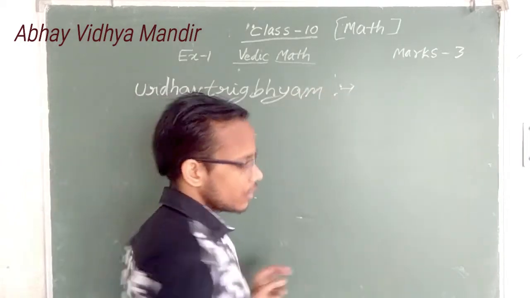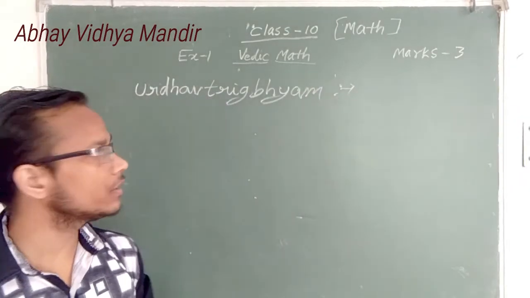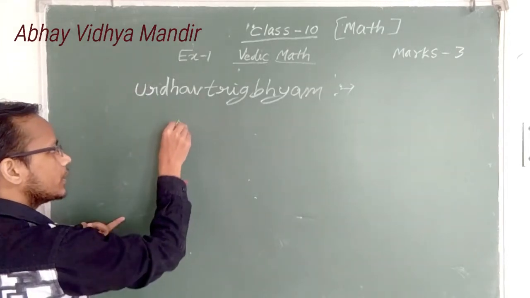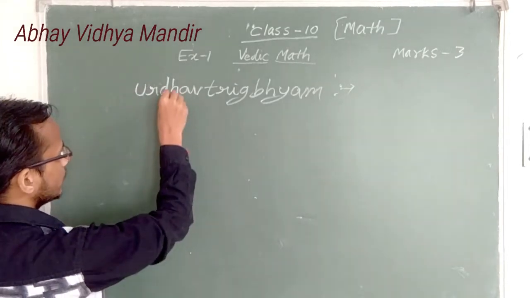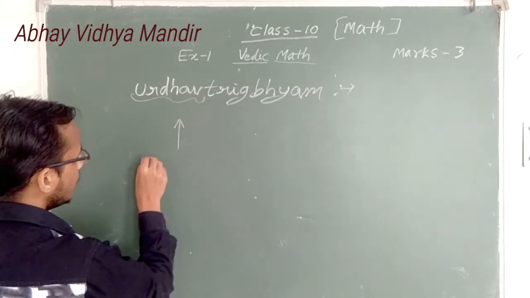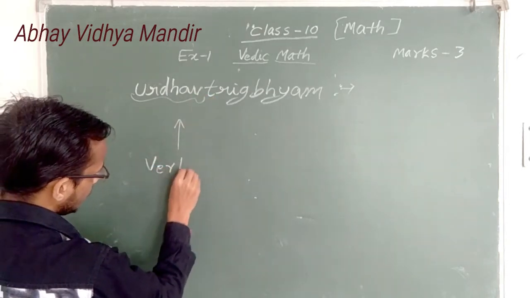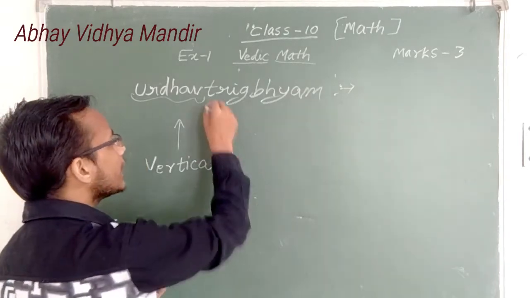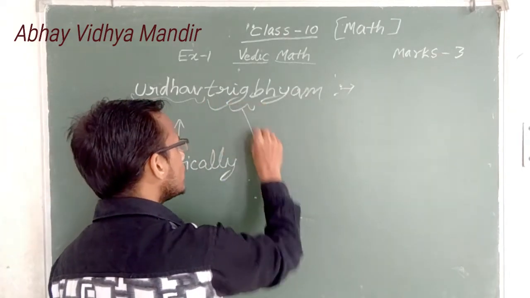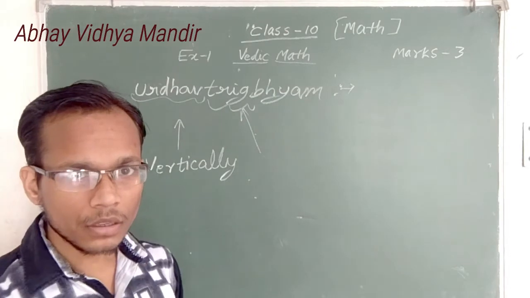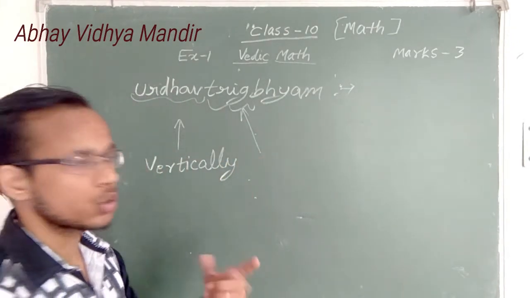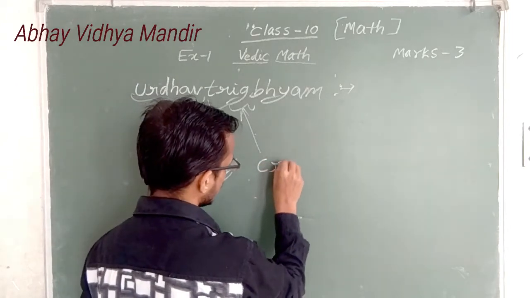As the name indicates, Urdhva means vertical. Tiryak means cross.